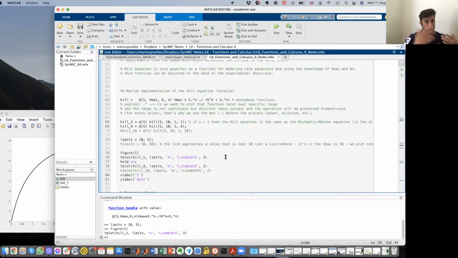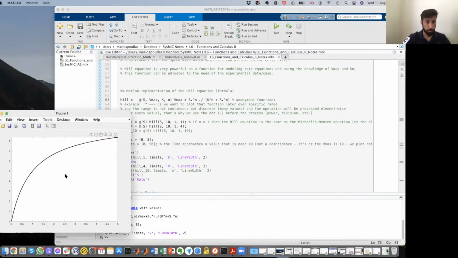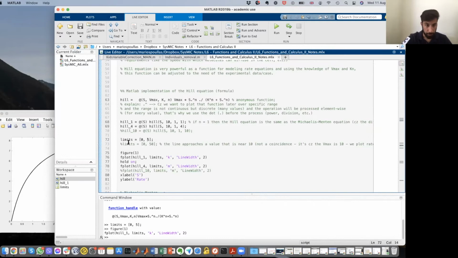And if you still have questions, ask directly at the community, I mean, online on the Seismic website. Yeah, what we did here is to plot the Michaelis-Menten equation, or basically the Hill equation, but with the exponent equal to 1. Let me open the limits to 50 and run again.